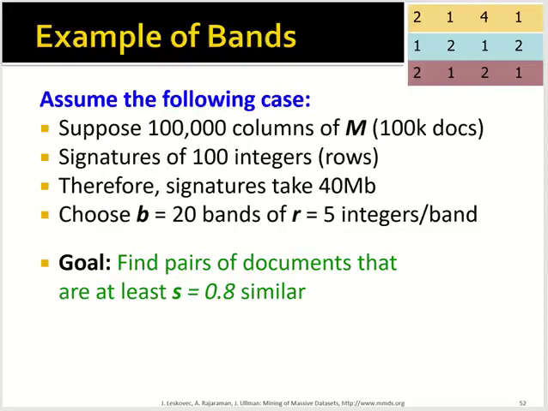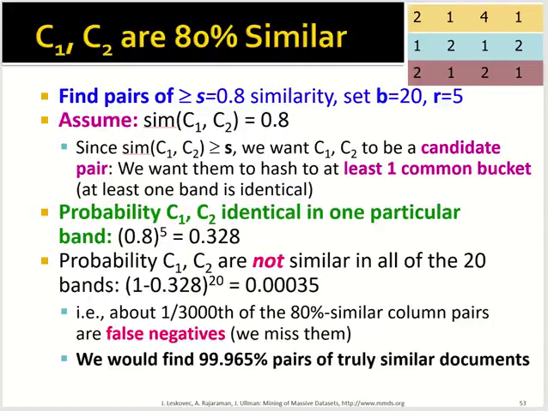The target is that we are trying to find any pairs of documents that have at least about 80% similarity. So how can we execute this task? Suppose we have C1 and C2, and we are trying to find out whether they have at least 80% similarity.